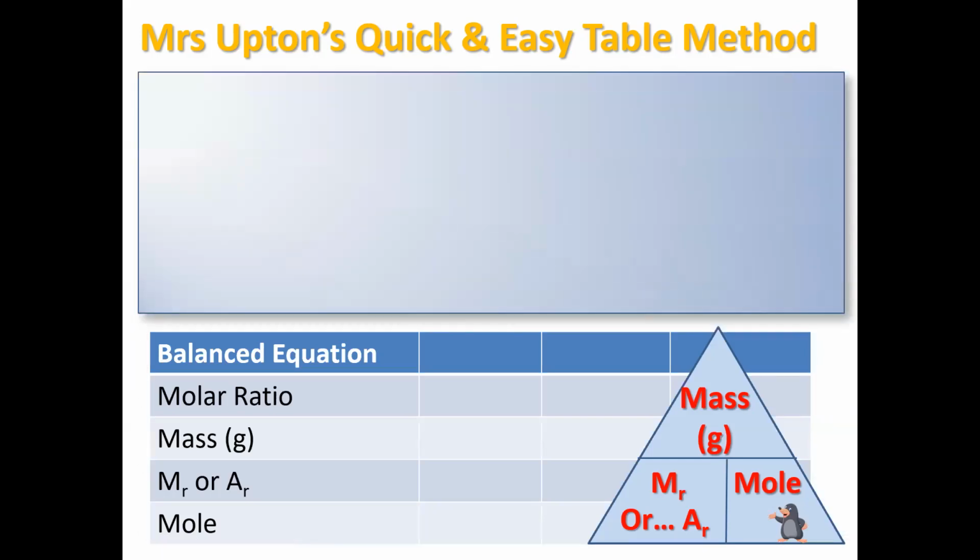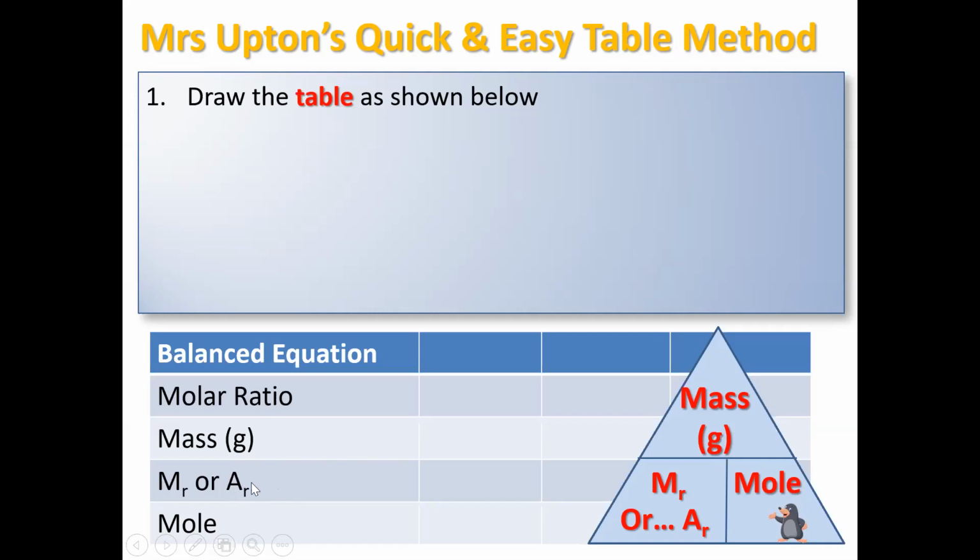So first of all, make sure you learn this table. When you attempt questions like this, make sure that you draw the table as shown below. The balanced equation will always go along the top, the molar ratio directly underneath it, because a balanced equation will enable you to work out the molar ratio. Then you've got the mass, you've got the Mr or Ar, depending on whether it's an element or a compound in the balanced equation.